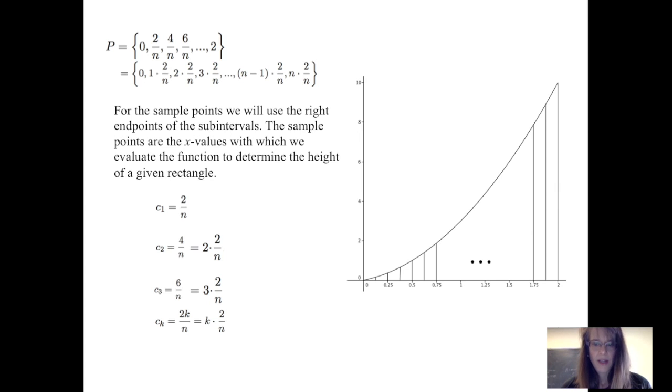And those two combinations with the fact that we've got an increasing function will make this a little more straightforward than some of the other problems that you might be asked to do. Okay. If we continue on, our n minus first sample point, again the pattern continues, is n minus 1 times 2 over n, and our nth sample point is 2.